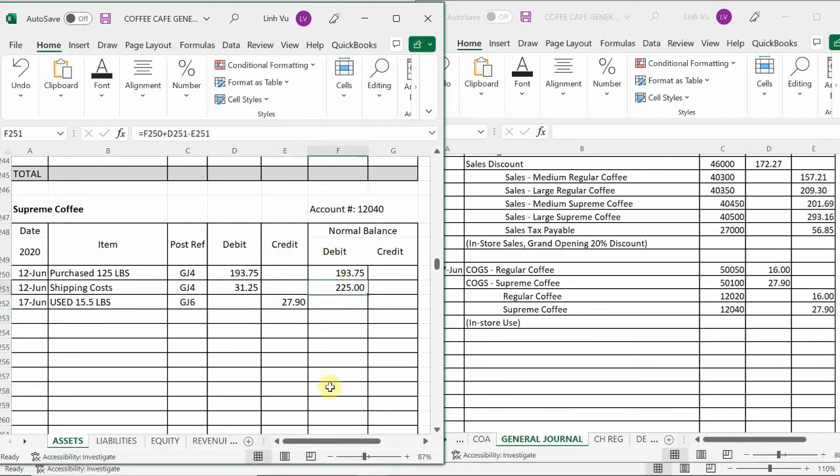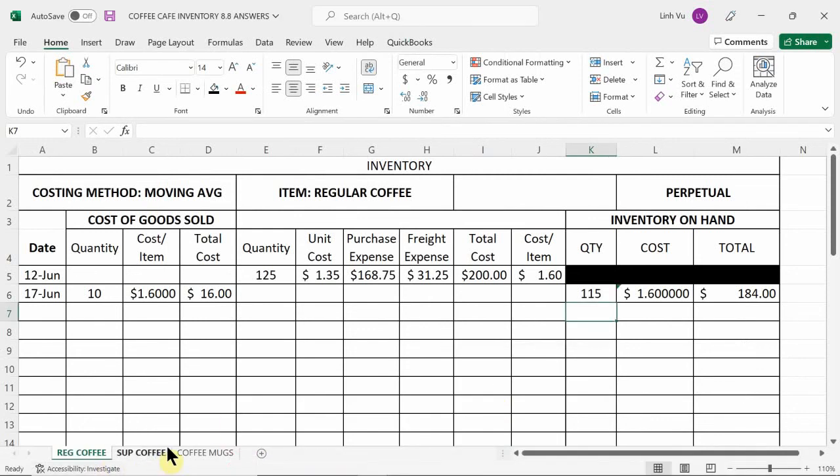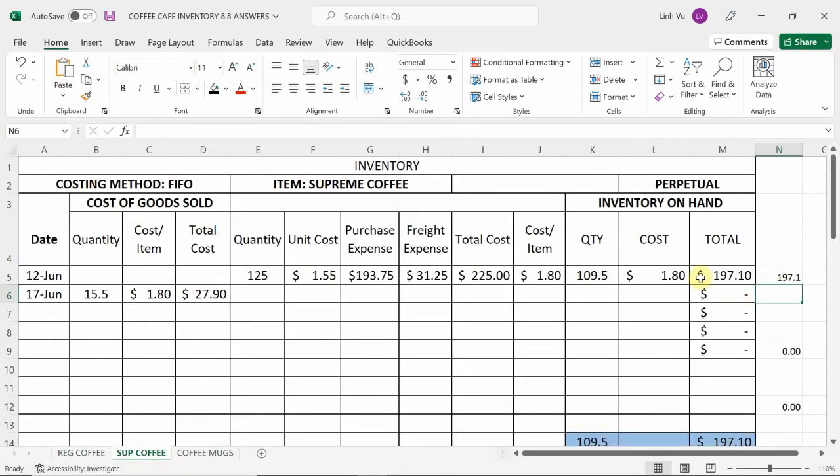So then what should be your account balance? $197.10, which matches your inventory worksheet. 197.10, good.